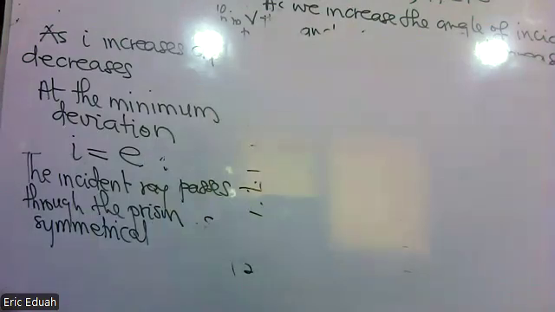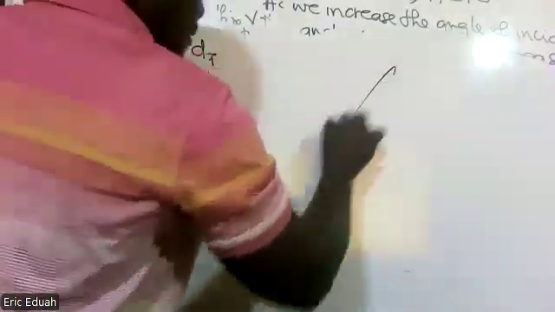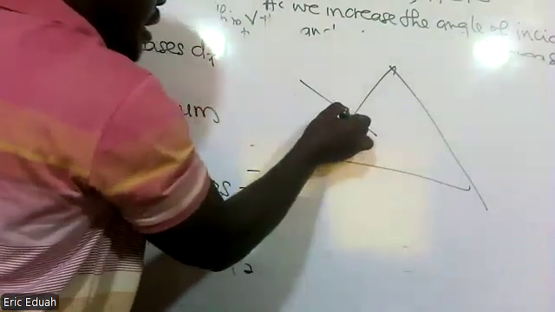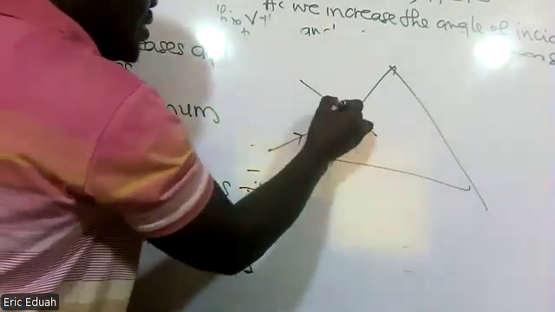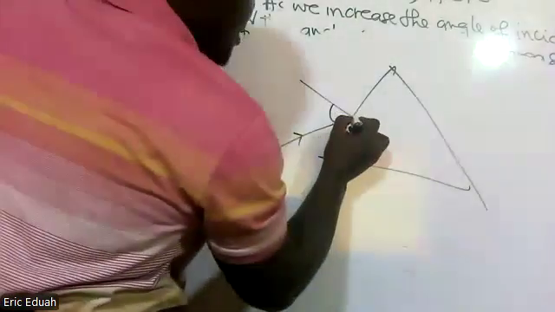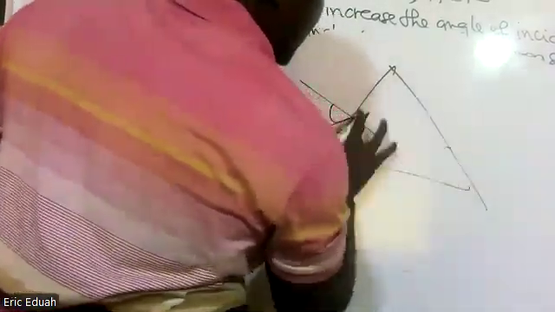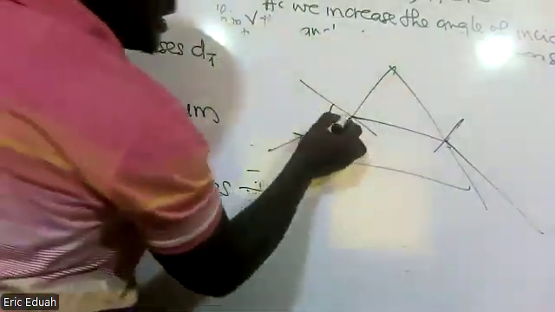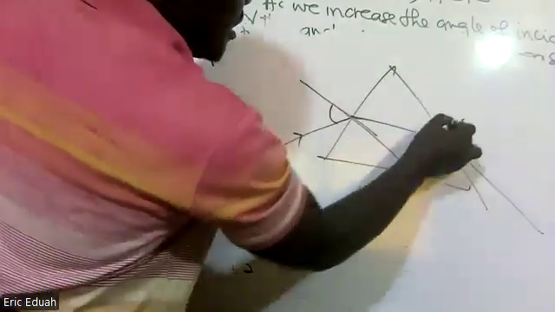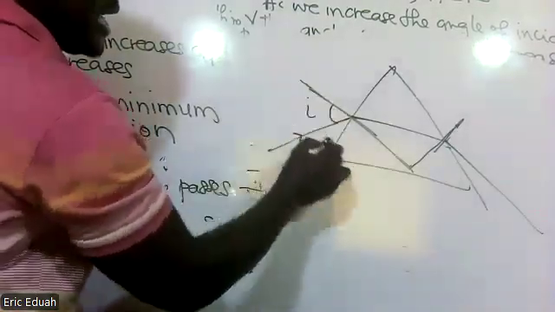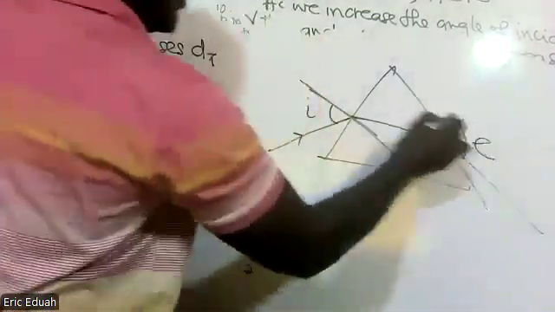At the attainment of the minimum deviation, then I will be equal to E. So if there's the normal, and that particular angle is reached, then you see that this ray will divide the prism into two equal parts. And that's the only point where you see that I will be equal to E.